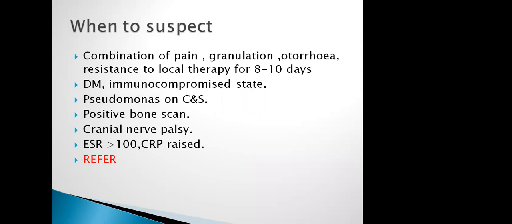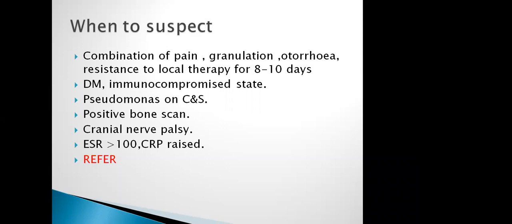In these circumstances, when the patient is not responding to local therapy for 8 to 10 days, and on examination there is granulation tissue at the bony cartilaginous junction, and there is pain and otorrhea, then you have to suspect malignant otitis externa or necrotizing otitis externa. It is more commonly seen in diabetes and immunocompromised states, as mentioned earlier.